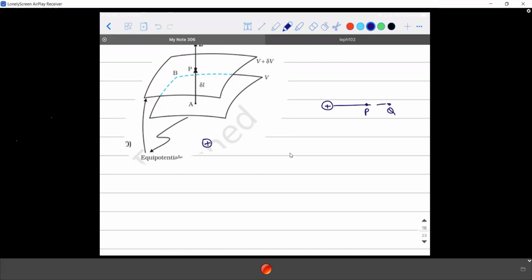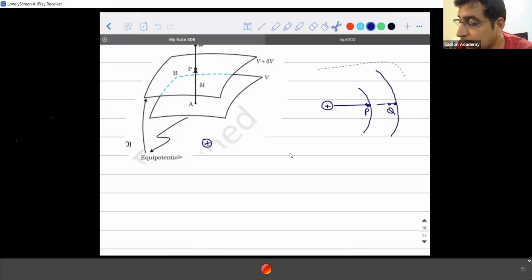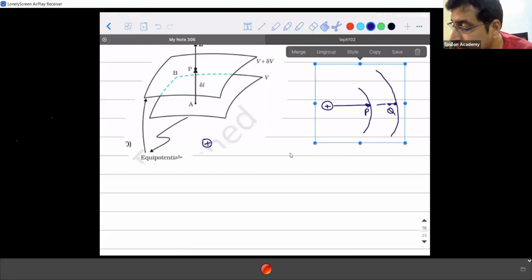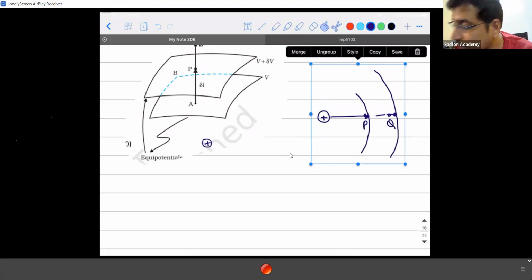Point P will have more potential, because it is closer to the charge, logically. Right? So through point P, there will be one equipotential surface. Through point Q also there will be an equipotential surface. Right? So if I take them like this, and if I turn them in this way, then you will get this diagram.